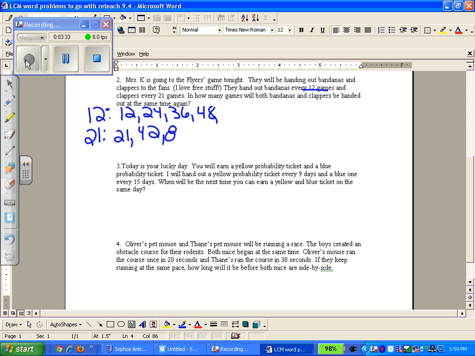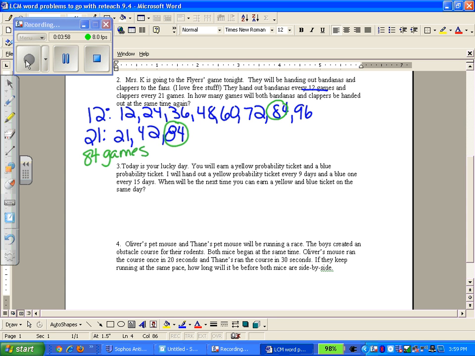So let's see, we have 48, 60, 72, 84, 96. Okay, let me go back down to the 21. We have 21, 42, 84. And look at that, we have 84 in common. So every 84 games, they will hand out bandanas and clappers.